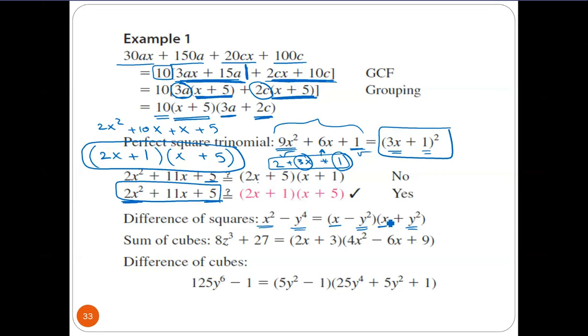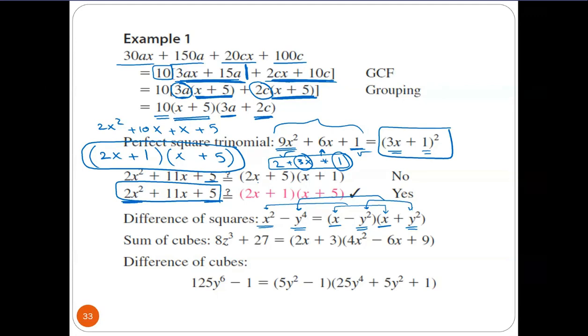Look at this. If you multiply x with x, you have x squared. If you multiply y squared with y squared, you have y to the power 4.